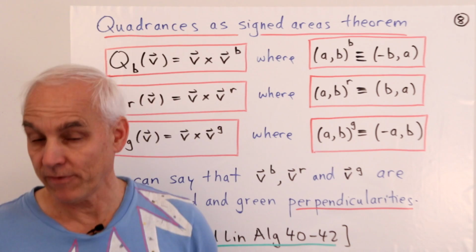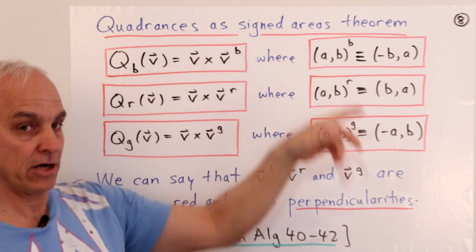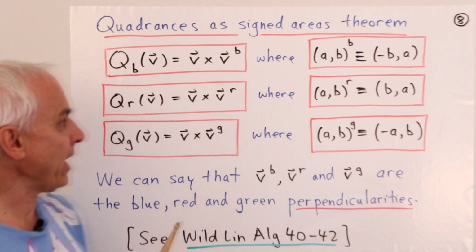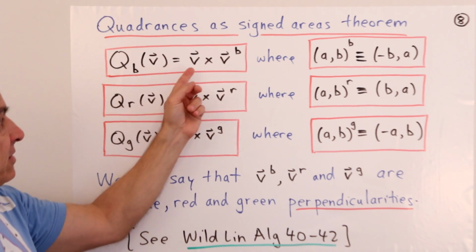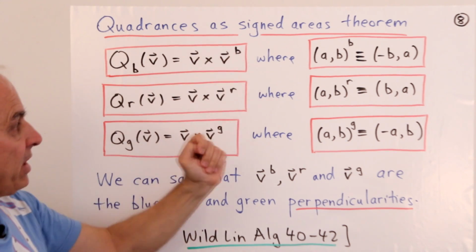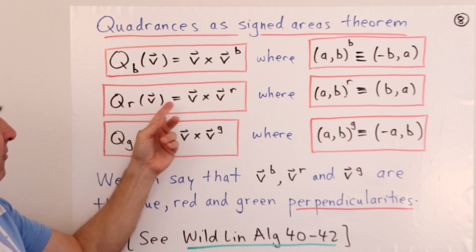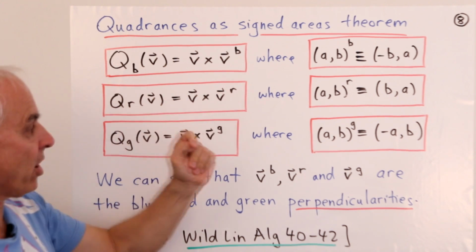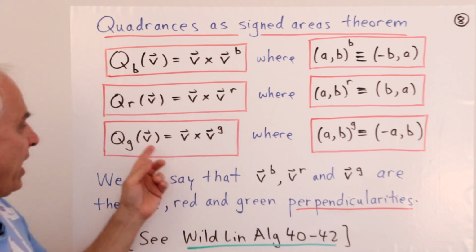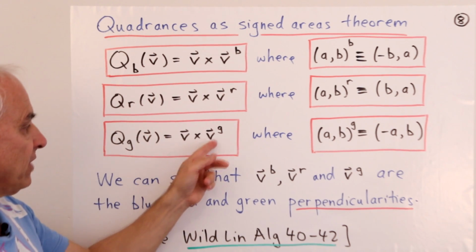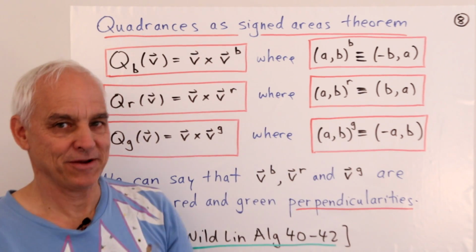So let's summarize what we've learned in a theorem. Let's call it perhaps the quadrances as signed areas theorem. It's telling us that the blue quadrance of a vector is the vector cross V super B, where V super B is given by this formula. The red quadrance is given by V cross V super R, where V super R is given by that formula. And the green quadrance by V cross V super G, where V super G is given by that formula.